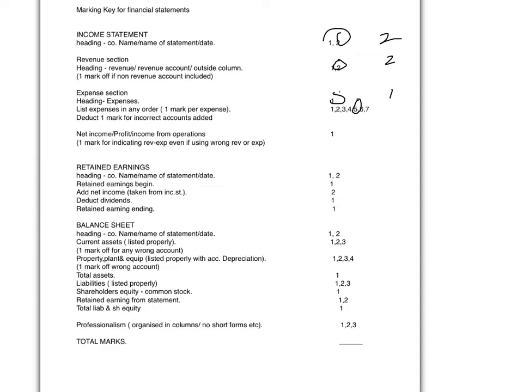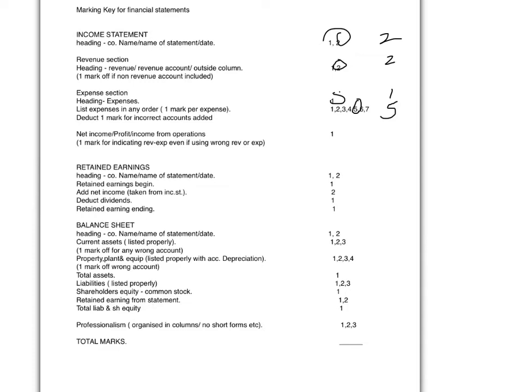Now, I would give them 5. But if there was something in there that was not an expense, I would give them 4. If there were 2 things in there that were not expenses, and they had all 5, but they had 2 more that were not expenses, then they would end up getting 3. In this case, it's 5.